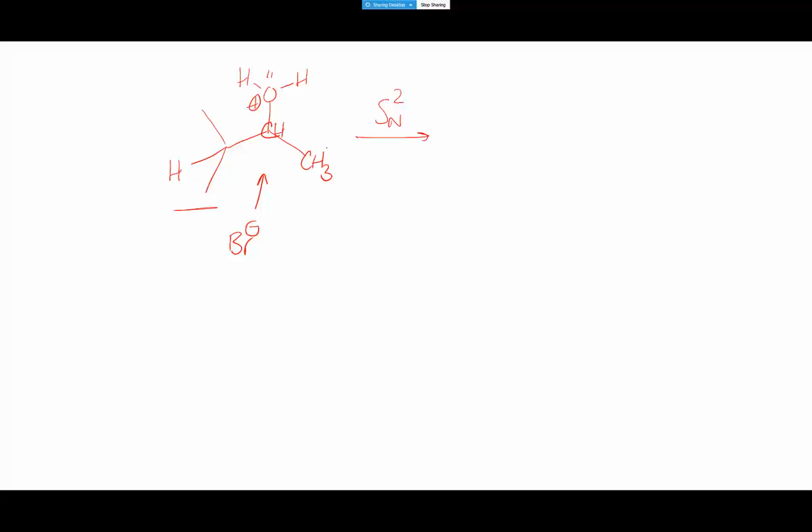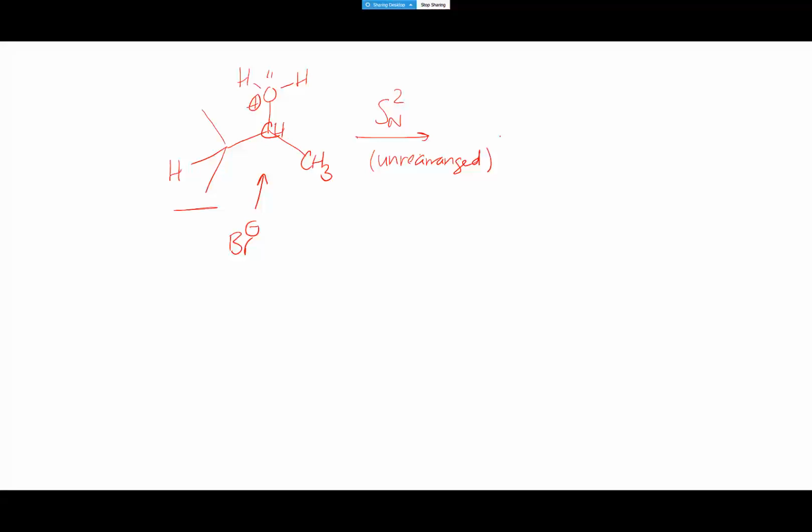I can see where the confusion was there. Because at this point, you can't have a rearranged SN2, because by definition, when things rearrange, they go to a carbocation intermediate, which changes their mechanism to SN1.